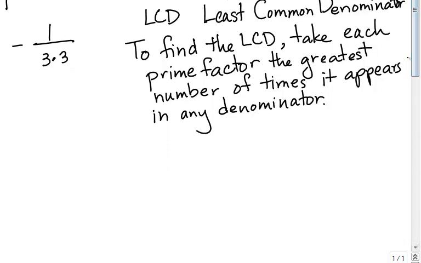Okay, so take each prime factor, the greatest number of times it appears in any one of those denominators.